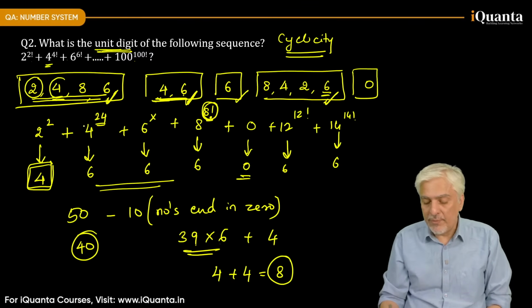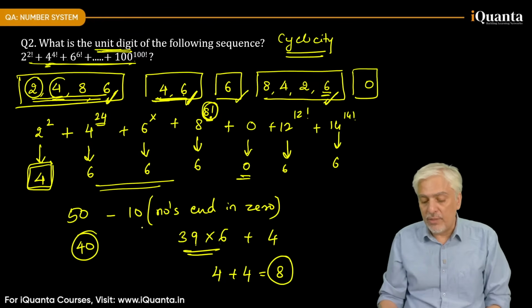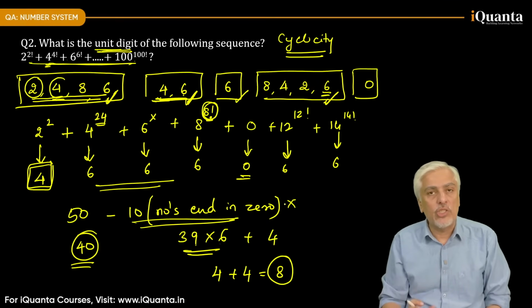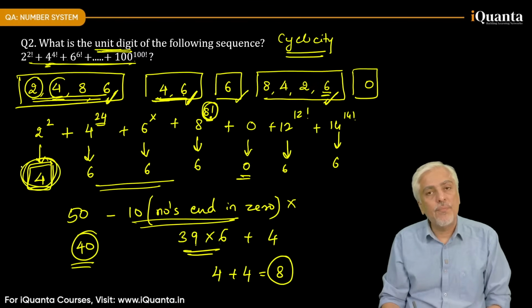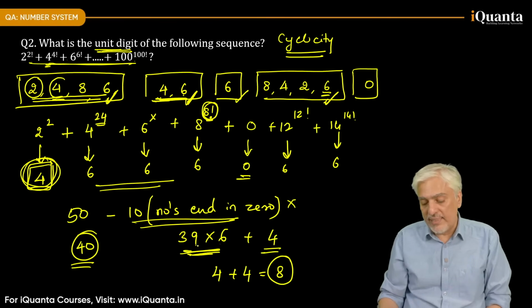Last step. There were totally 50 numbers. 40 of them we are including because 10 of them will end in 0. Those 10 we have to remove. 0, however many times you take it, will give 0. One number is ending in 4. So 39 numbers are ending in 6 and one number is ending in 4. 6 nines is 54.